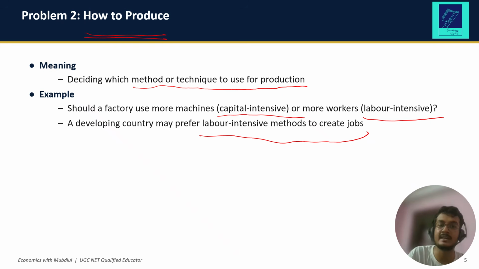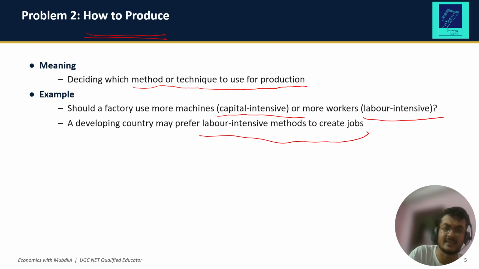But policy makers might also consider employment. If the country has a large unemployed workforce, using a more labor intensive technique may create jobs and income for families. That's why the choice of production technique is not purely about technology. Economic and social circumstances matter.